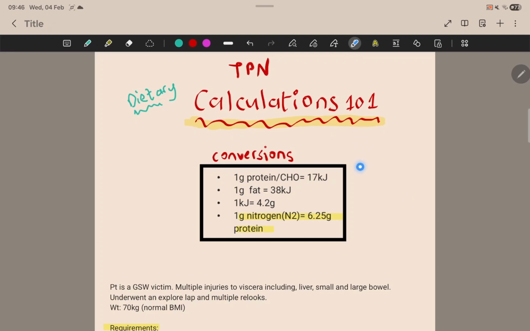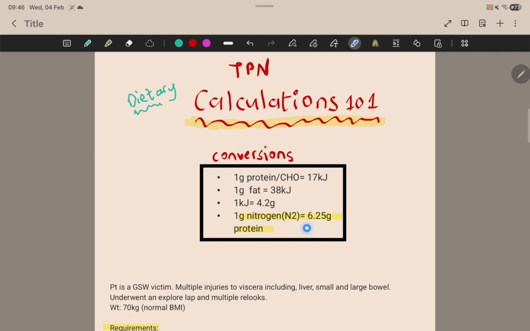So over here we have our conversion table with one extra item, which is converting from nitrogen to protein and vice versa. It's important for TPN calculations because we normally convert our protein to nitrogen and that helps us choose a bag.